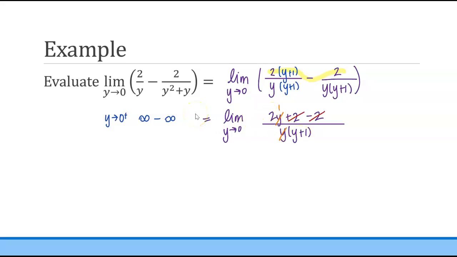So what I have left in terms of a limit is the limit as y approaches 0 of 2 over y plus 1. And this time, if I substitute in 0 for y, I get just 2 over 1, which is 2. So here we applied algebraic strategies to this other indeterminate form, this infinity minus infinity.